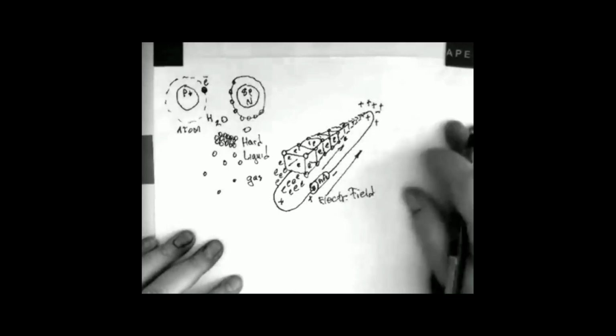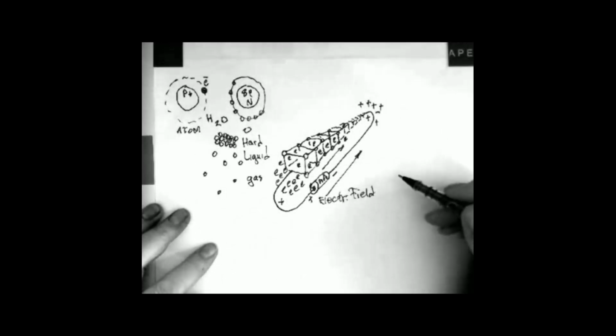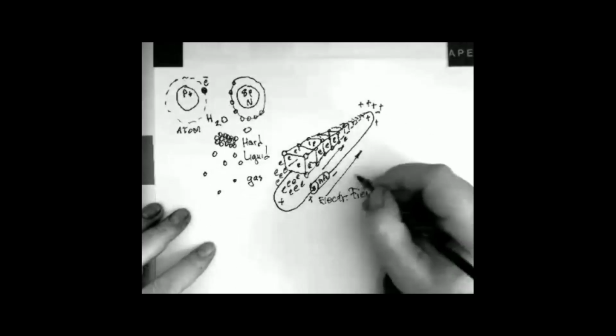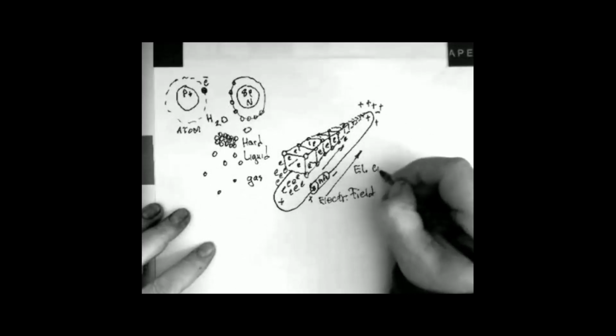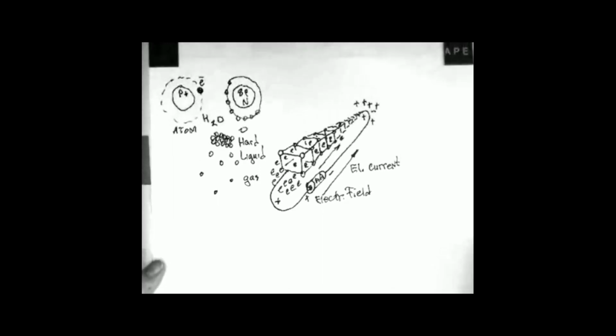Now folks, I would like to tell you that the motion of electrons in metal or in liquid or even in gas is named electrical current. Electrical current can manifest itself with different physical events.